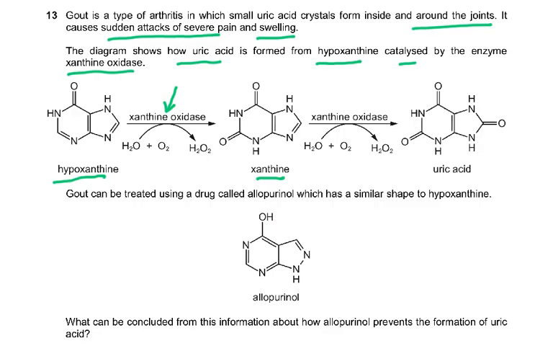The substrate hypoxanthine would fit into the active site of xanthine oxidase, and then xanthine fits into it and forms uric acid. Now gout can be treated using a drug, allopurinol, which has a similar shape to hypoxanthine. So it is a competitive inhibitor because it has the same shape as the substrate, hypoxanthine.